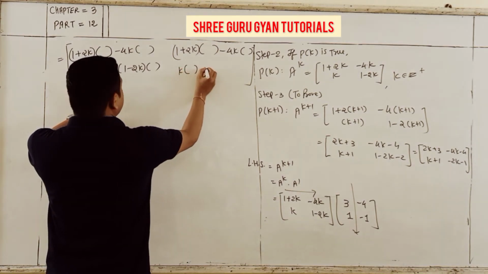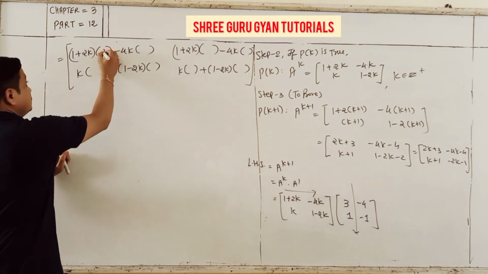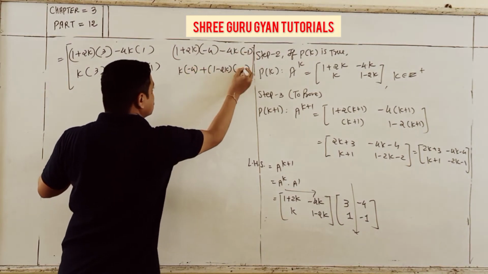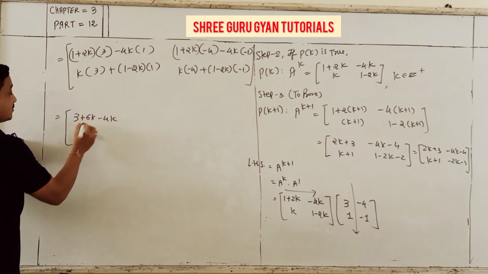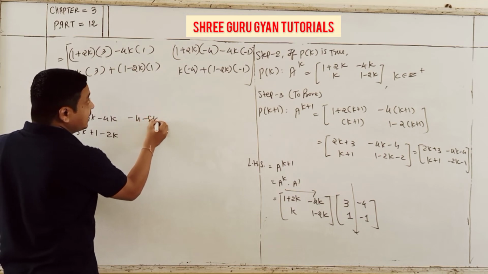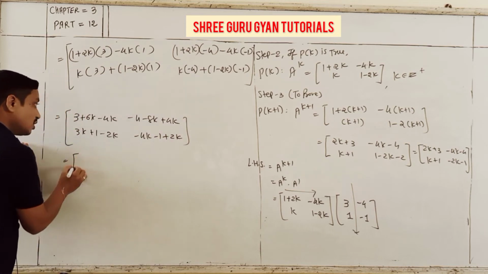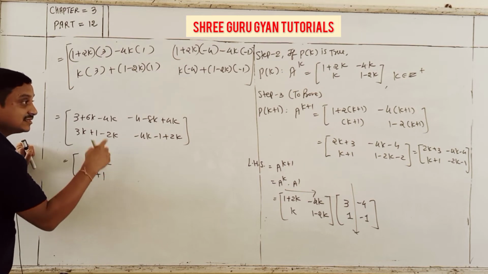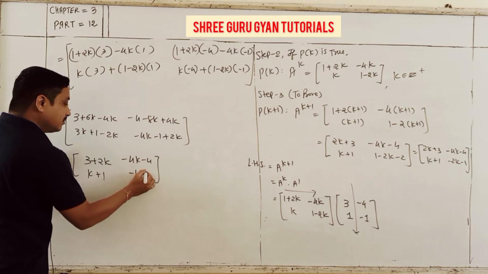Now secondly, minus 4k and 1 minus 2k with the last. So first column 3, minus 4; second column 1, minus 1. So my answer is clearly 3 plus 6k minus 4k, which is 3 plus 2k, then 1 plus 2k minus k, and last minus 4 minus 8k plus 4k, and minus 4k minus 1 plus 2k. Check, same answer: here k plus 1, again the same, here minus 4k minus 4, and last minus 1 minus 2k.